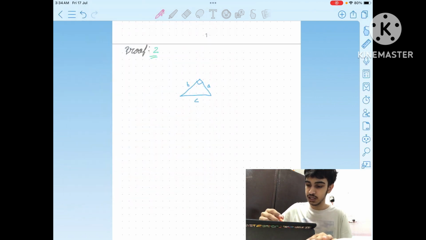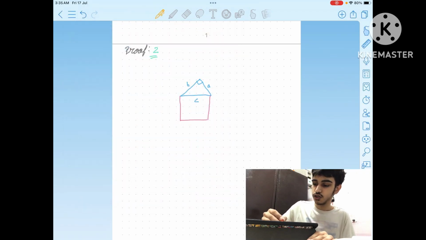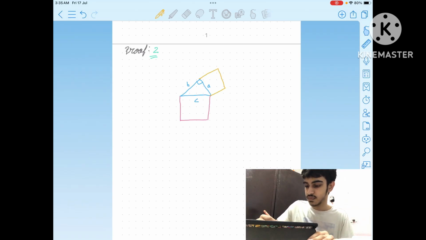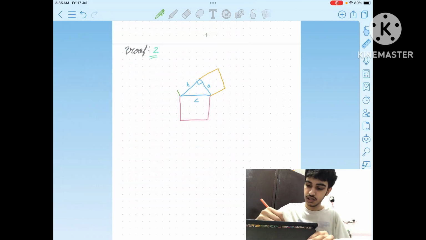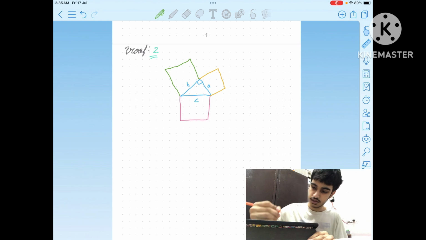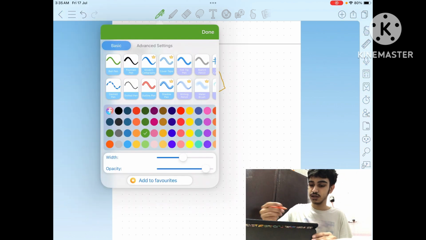Let me change the pen color and let's create this square which has the side length of C. Let me create the other square corresponding to the side length of A, and similarly the other square with the side length of B. So we have created the 3 squares, and let's name them out.